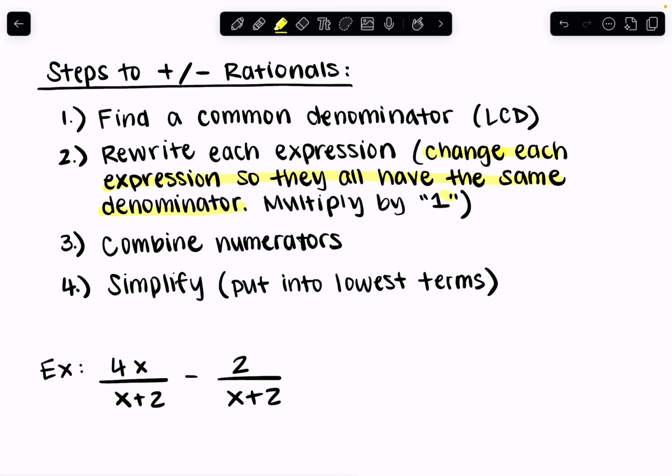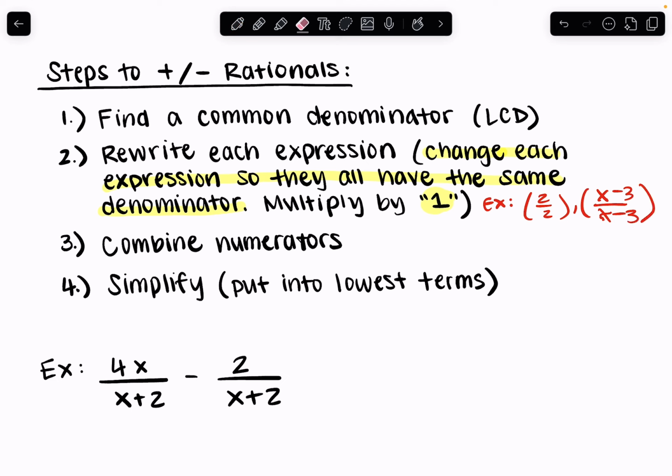That essentially means you're multiplying each fraction by "1" in quotes. What I mean by that is you might have something like 2/2, or something like x minus 3 over x minus 3, and so forth.